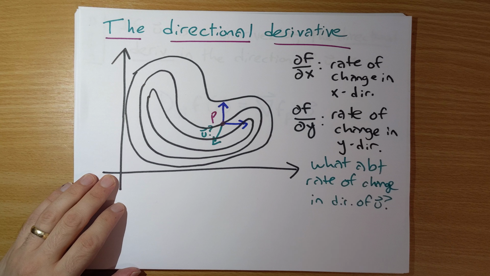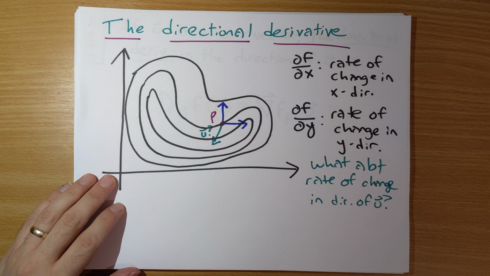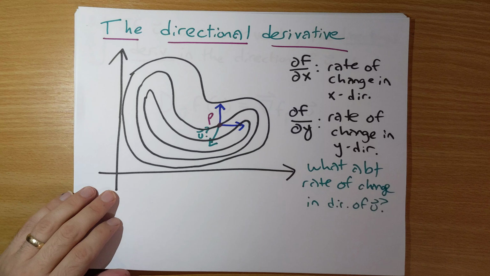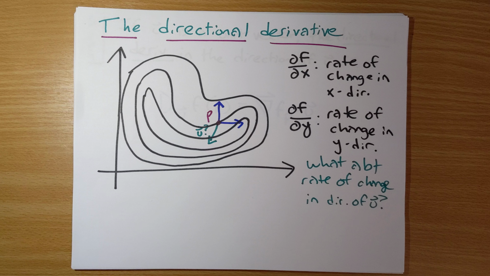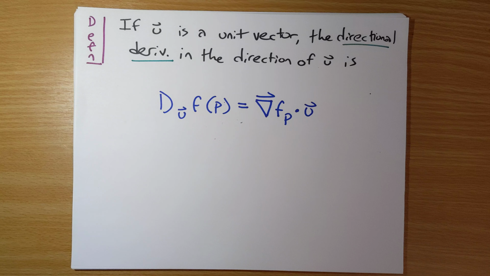So the heading here, the directional derivative, is the computational tool that will allow us to figure out the rate of change in any direction, not just x direction or y direction or z direction if we have three variables, but in any direction. So here is our definition.